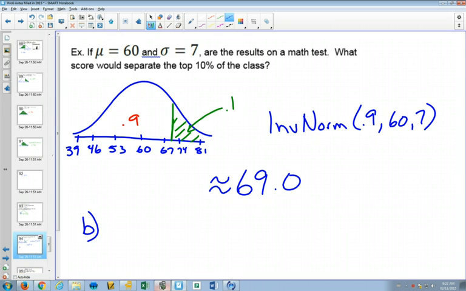We're going to add a part B here. What happens if they said the middle 50%? What would you put into inverse norm to find it? Because now you need the two scores. You need the score that has the lower part and the upper part to get that middle 50%.